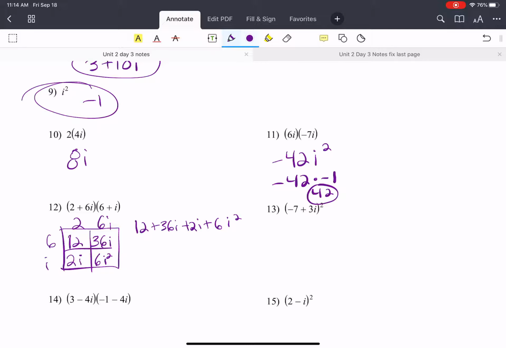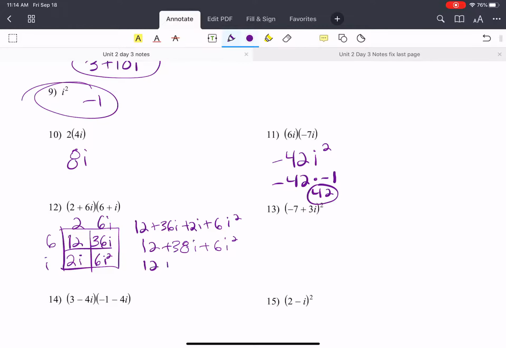I have these two like terms, right? Now when I was dealing with x's, I'd be done, right? But I have one more step because these aren't x's, these are i's, my imaginary number. There's one more thing to simplify. i squared is -1.